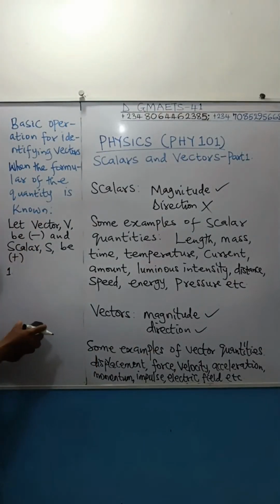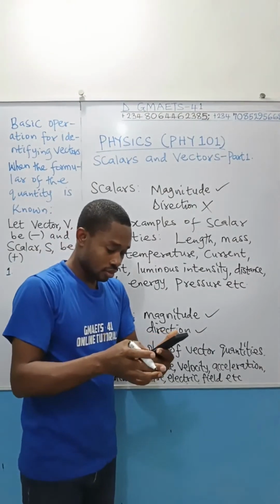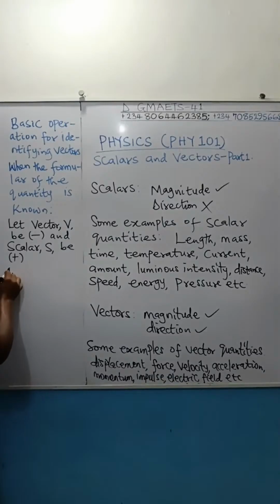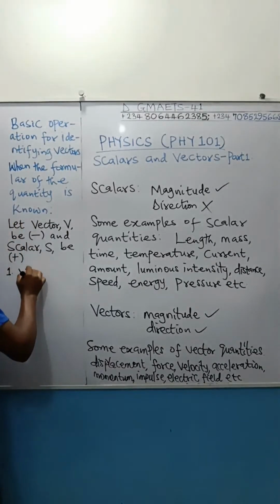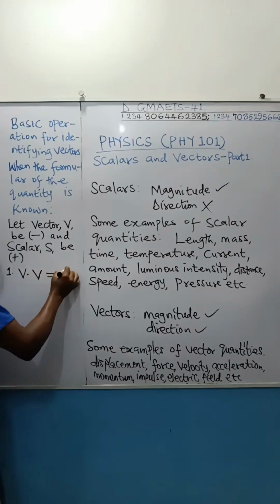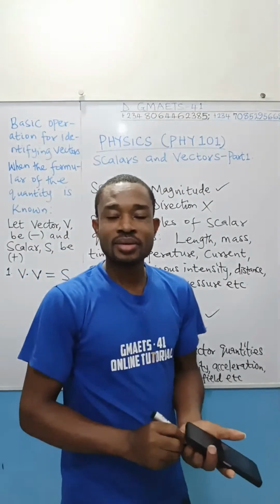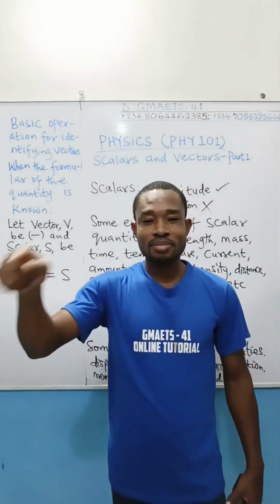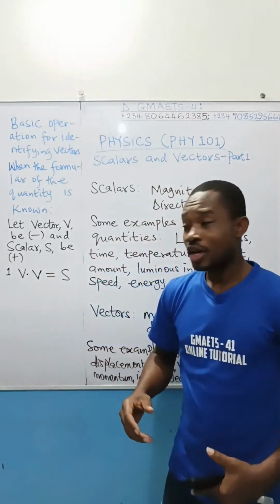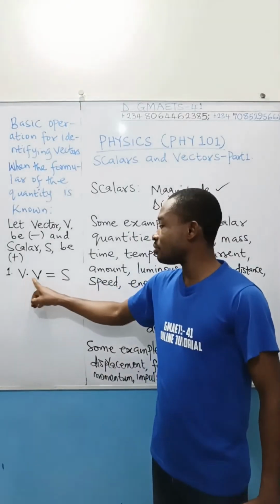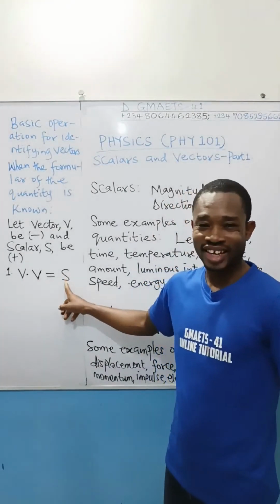Now, number one, if I have vector times, so I'm using dot for the times, vector times vector, it will give you scalar. It is just like minus times minus in mathematics. If you multiply negative by negative, you know you're going to get positive. So vector times vector will give you positive scalar.